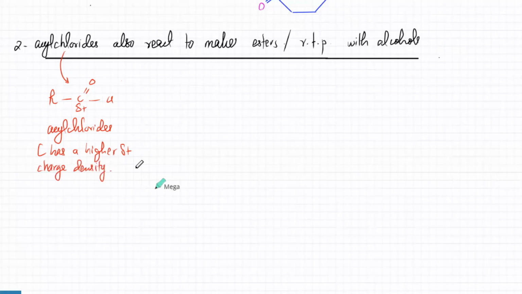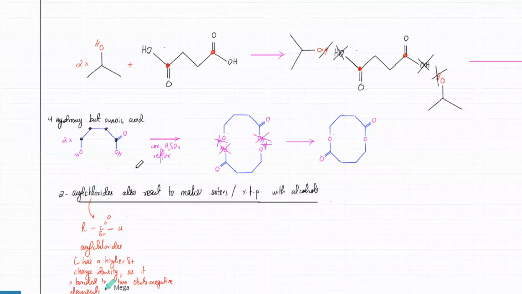And the reason it has a higher positive charge density is that it's bonded to 2 electronegative elements, unlike carboxylic acids.